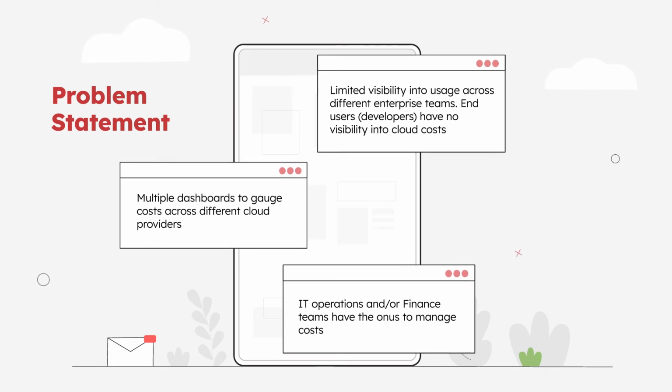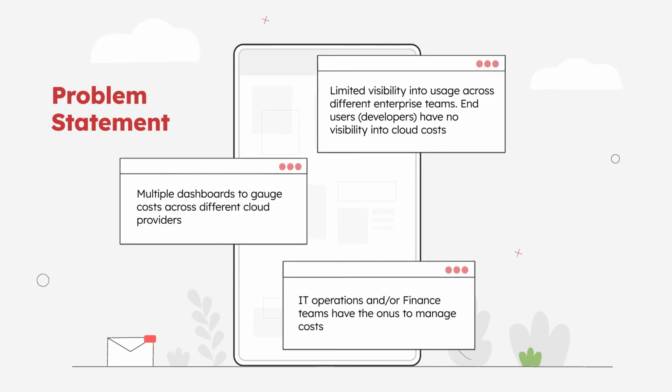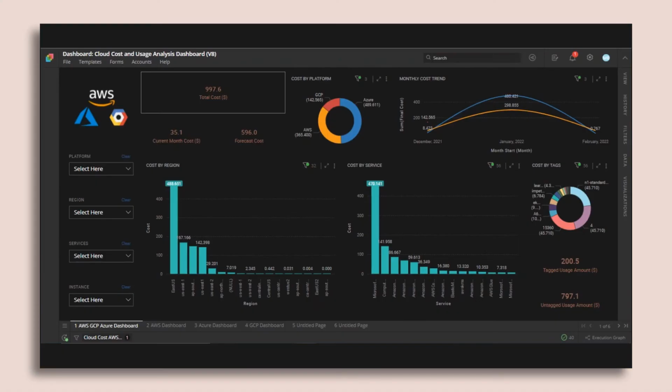In order to address this concern, we have come up with a multi-cloud cost management solution that helps us to monitor and track cost usage across different cloud providers. At the same time, the access can be provided to different teams and they are able to view their own data.